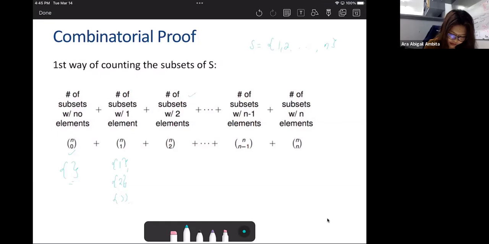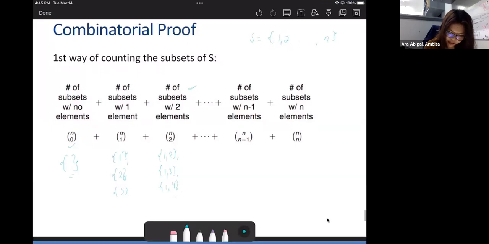How about the number of subsets with 2 elements? It could be 1 and 2, or 1 and 3, or 1 and 4, and so on. How about the number of subsets with n minus 1 elements, meaning only one element of the original set is not included in the subset.